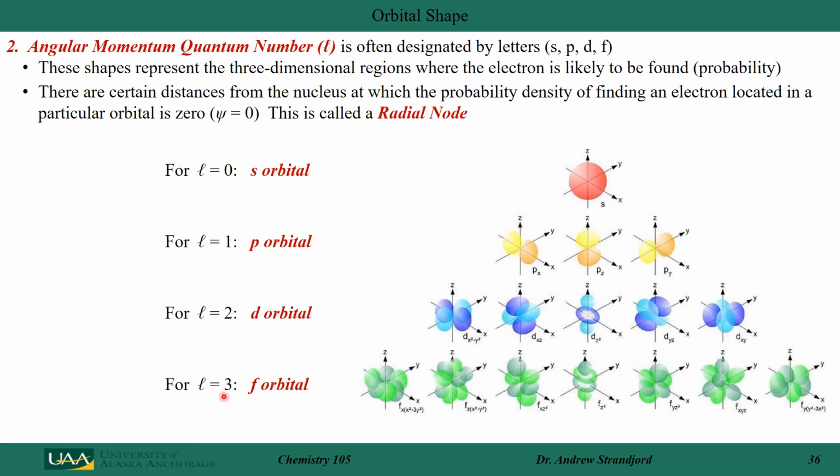If I look at l equals 3, that's going to be an f orbital, and you can see my mathematical probabilities or shapes become very complicated in this case. There are certain distances from the nucleus at which the probability density of finding an electron is going to be equal to 0. That's called a radial node.